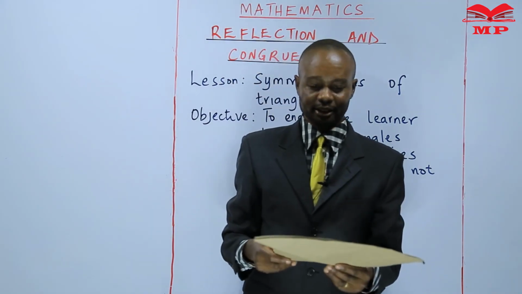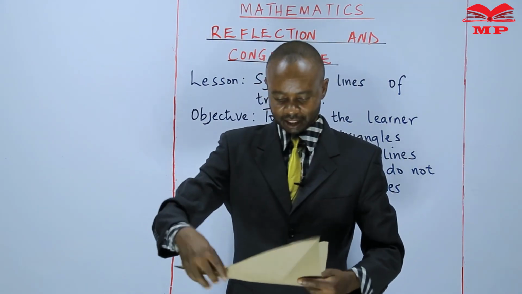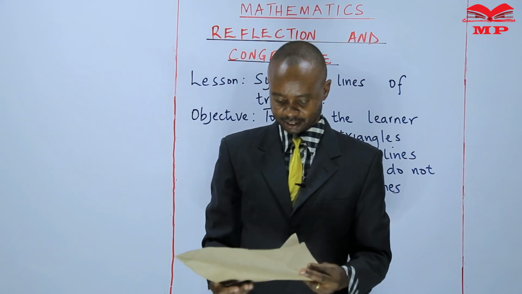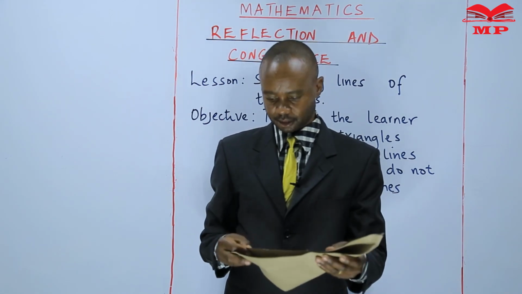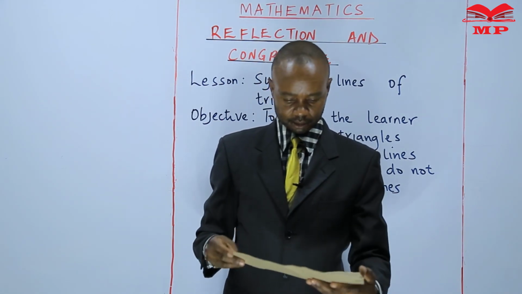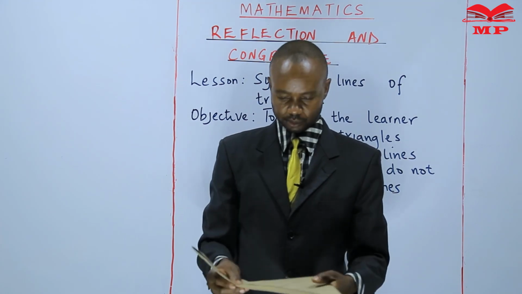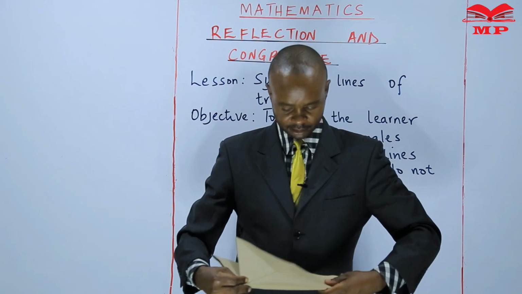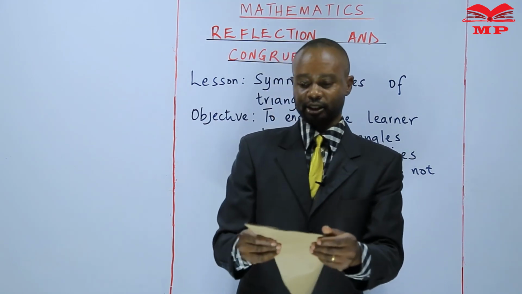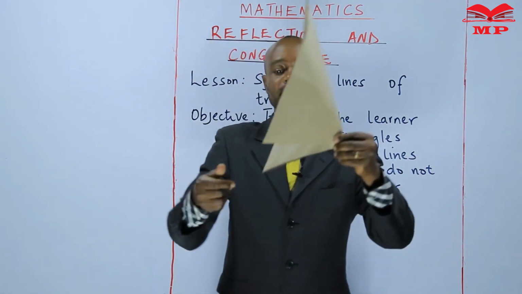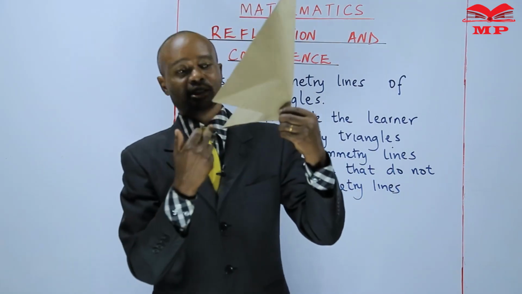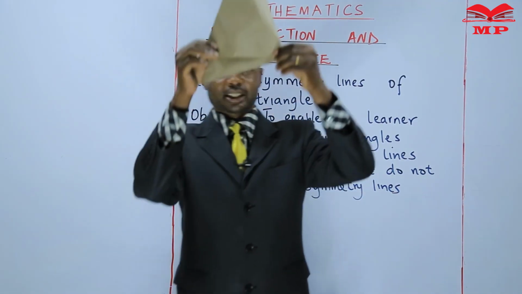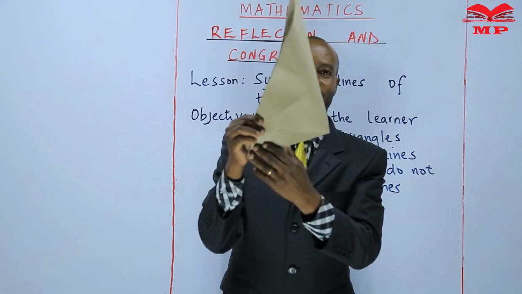I'll try the others to see whether I can get. Fold at the center. If I fold at the center with the other one, it is difficult for me to get two halves because there is an extra area below there.